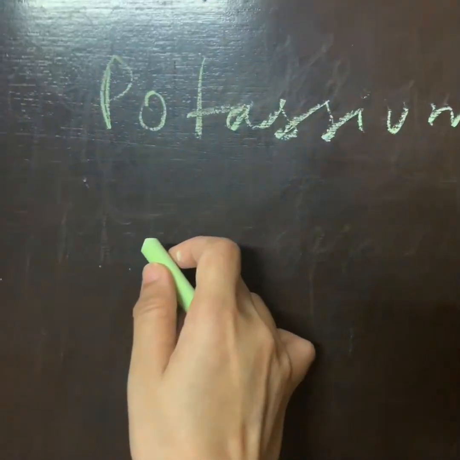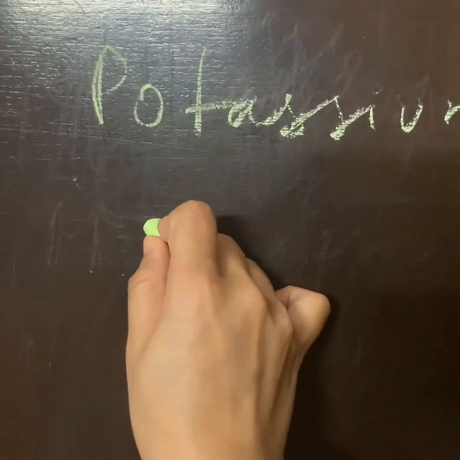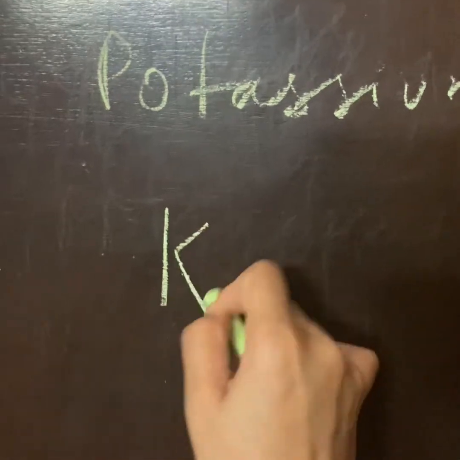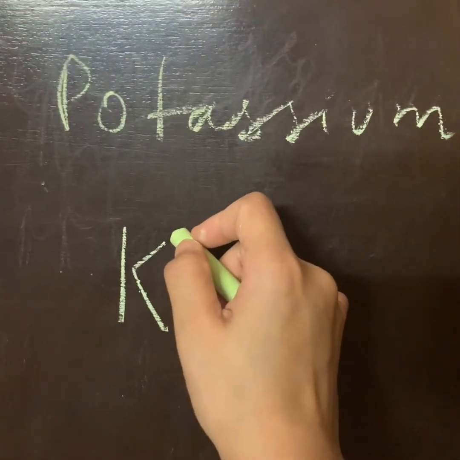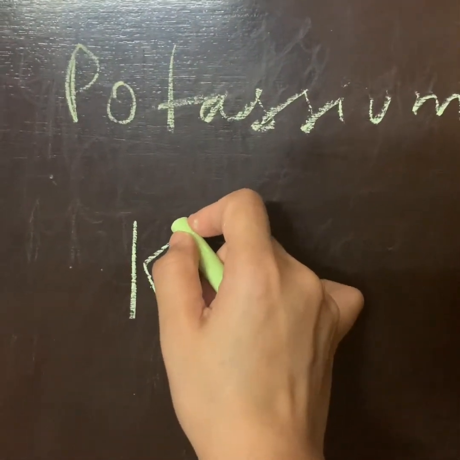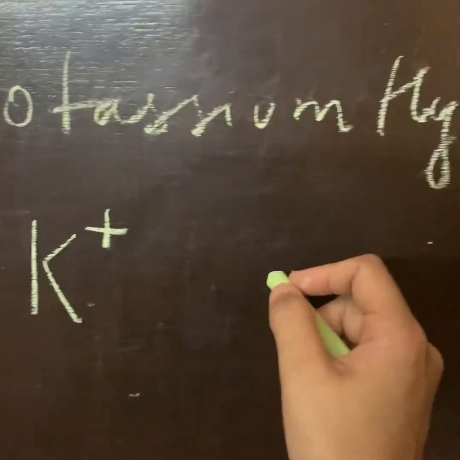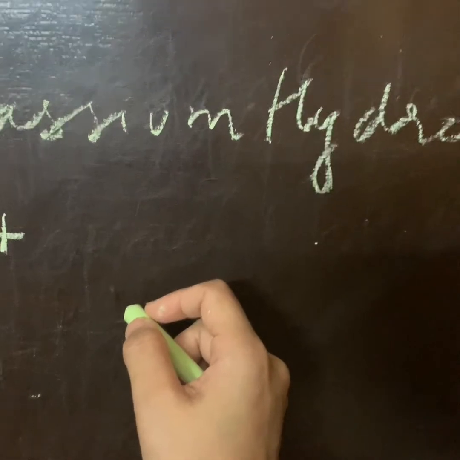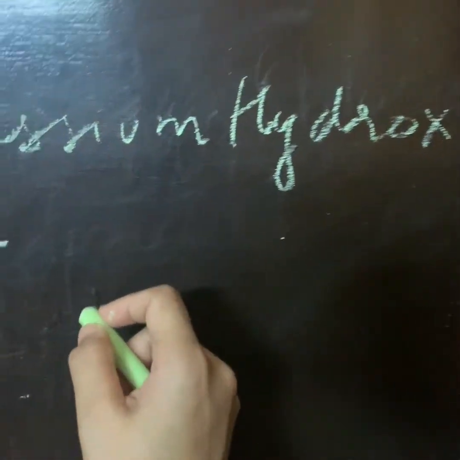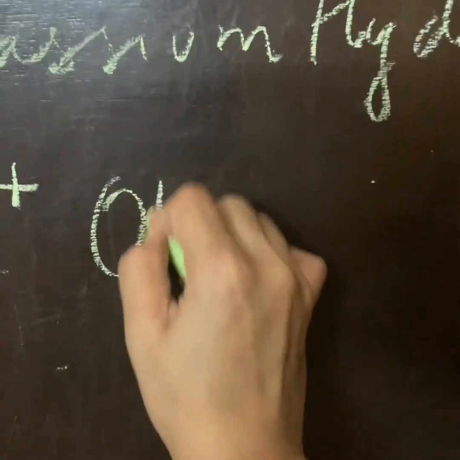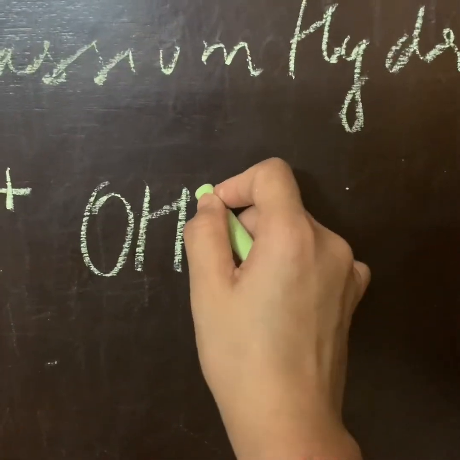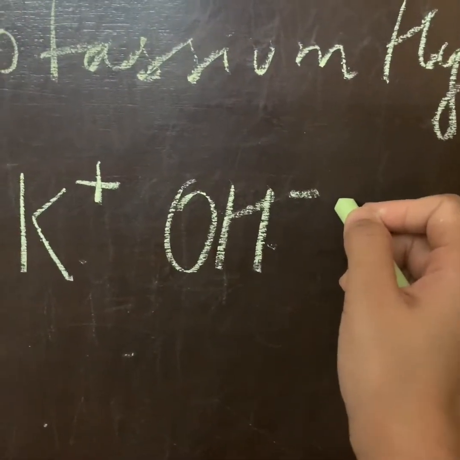Now write the symbol of potassium. The symbol of potassium is K and the charge is written on the top right corner of the symbol, that is K plus. Then we write the symbol of the negative ion, hydroxide, and its symbol is OH and the charge is minus, OH minus, right?